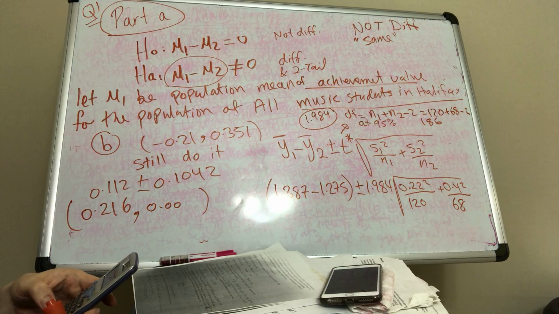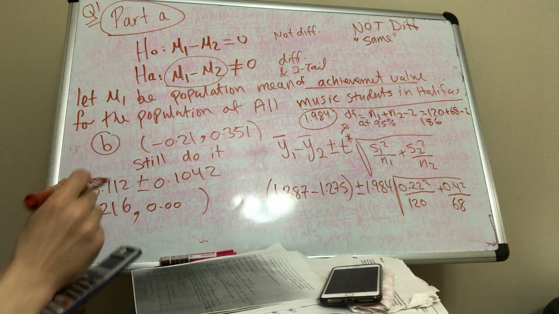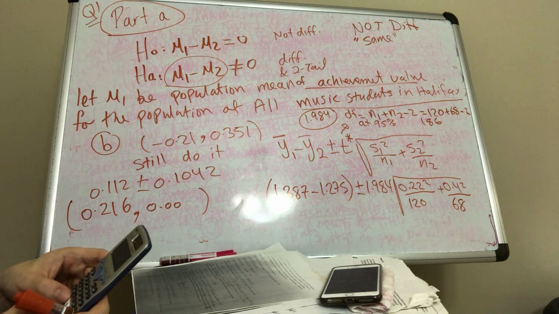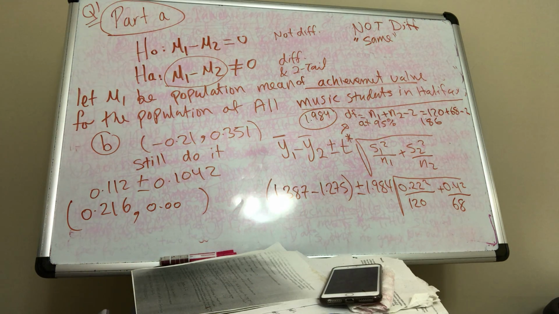So I'm doing it the long way. 1387, 1275. This is the first number. Let me do this one. 1.984 times the square root of 0.22 squared over the first sample, plus 0.4 squared over the second sample.